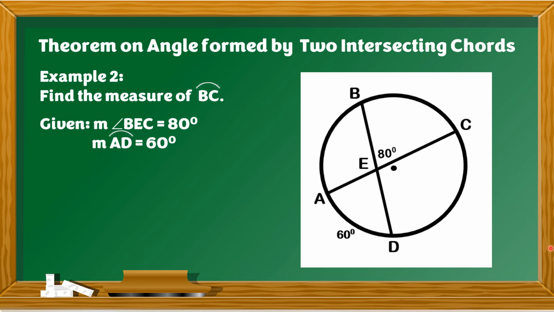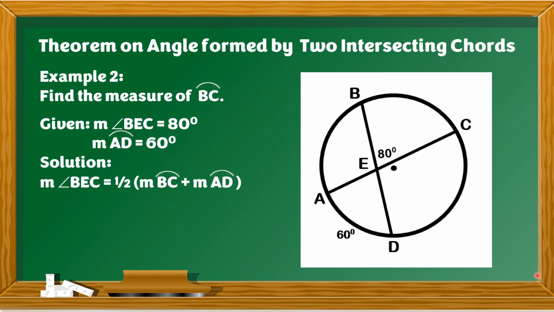The measure of angle BEC is 80 degrees, and the measure of arc AD is 60 degrees. And we're going to find now the measure of arc BC. What will be the measure of this arc?